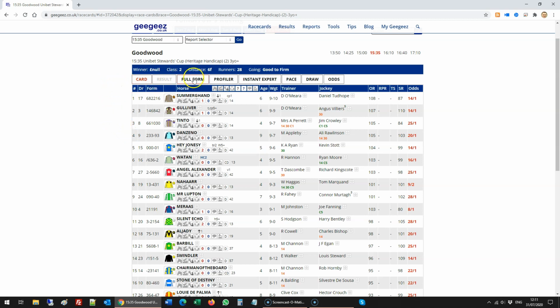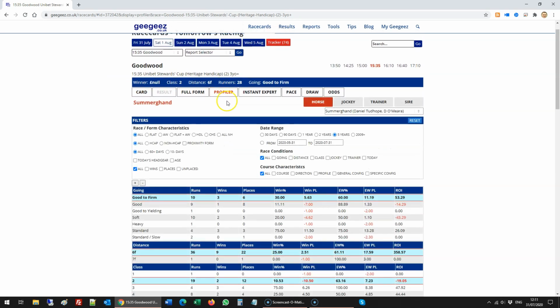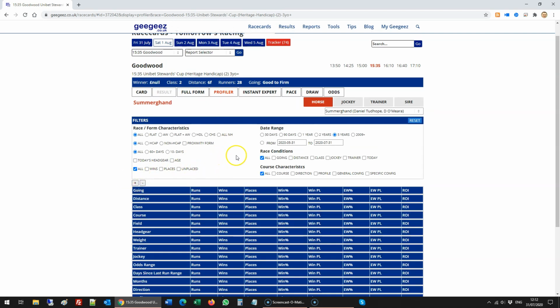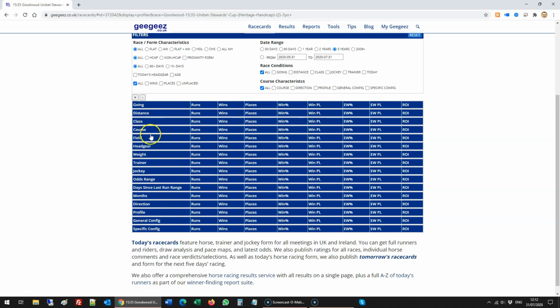The other new change is this guy here in the tabbing system, the profiler. Now, profiler is, as the name suggests, a means of profiling a horse or a jockey or a trainer or a sire on any number of these variables, from going, distance, class, through headgear, weight, trainer and jockey, days since last run, and some course configuration stuff at the bottom.